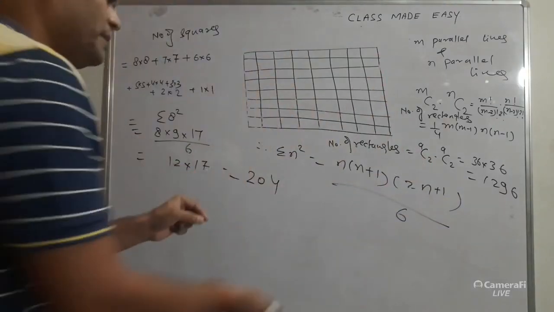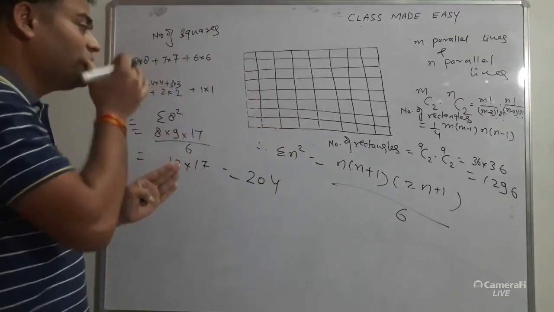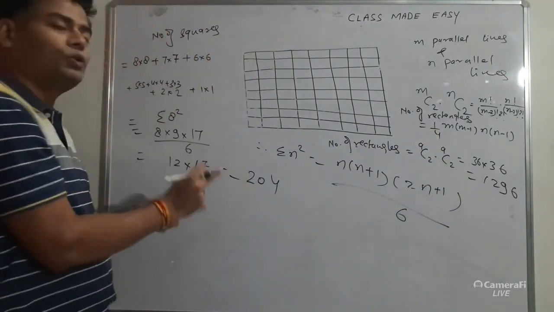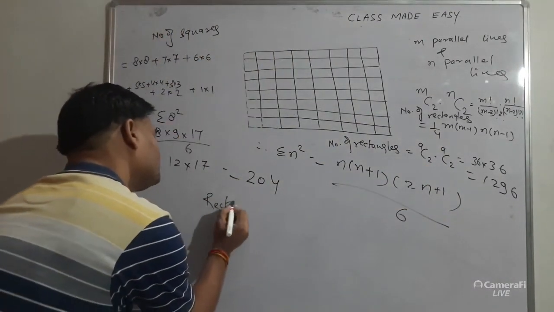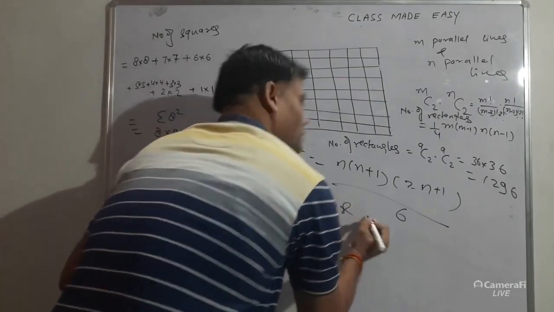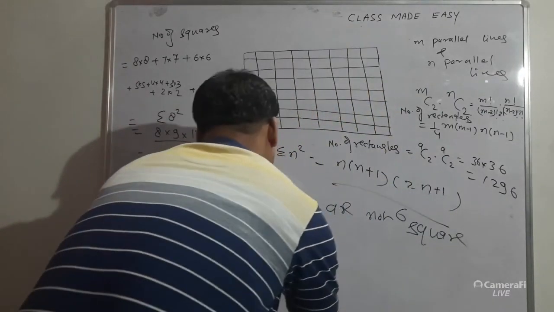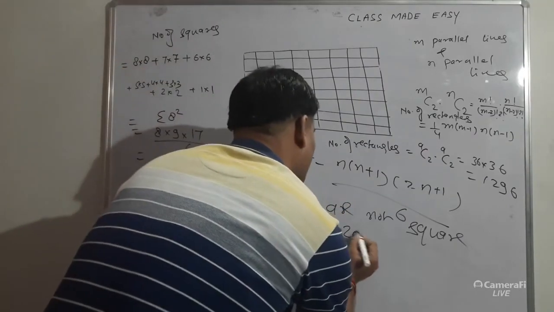So I will write here 1296 are rectangles, in which squares are also there, separate squares are 204. Okay, so rectangles that are not squares are 1296 minus pure squares, that is 204.